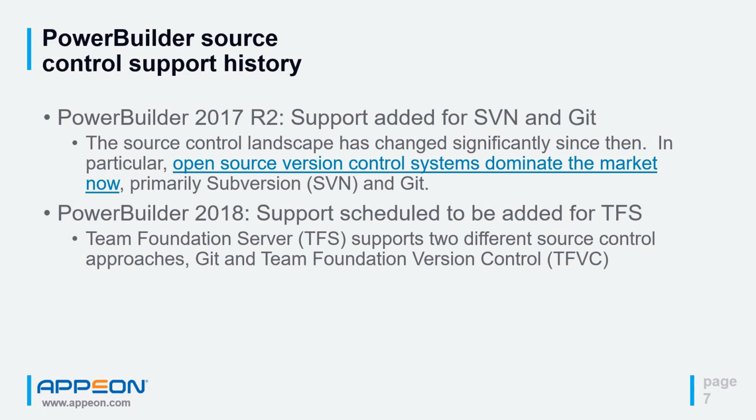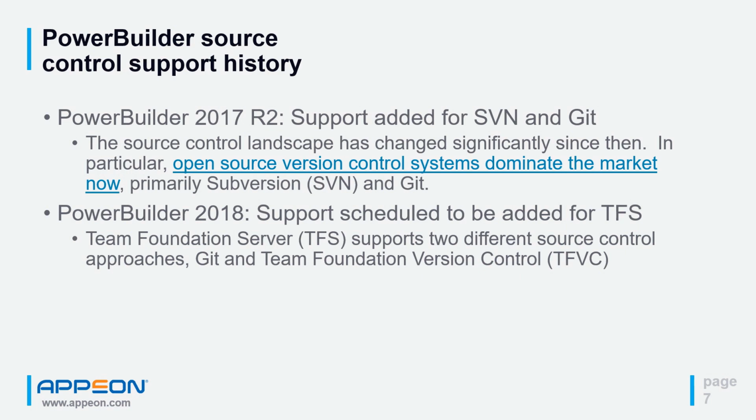What will be added in PowerBuilder 2018 is support for, if you pardon the term, the legacy version control system, Team Foundation version control, that was originally developed by Microsoft for supporting Visual Studio. So if that's what you're using, there is a bridge product for that from Microsoft, and you can continue to use the MSS CCI that's built into PowerBuilder up until PowerBuilder 2018 comes out, when you can then switch over.